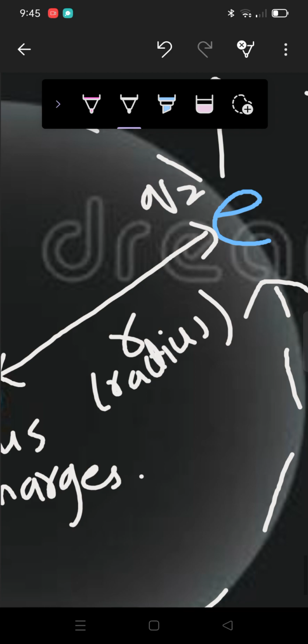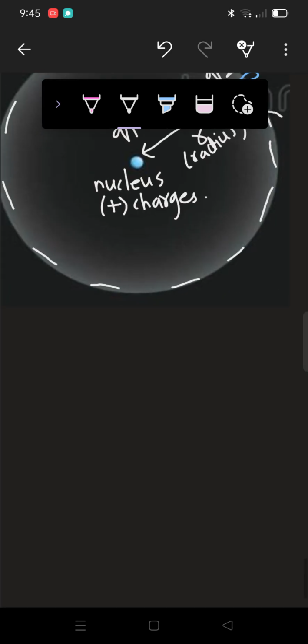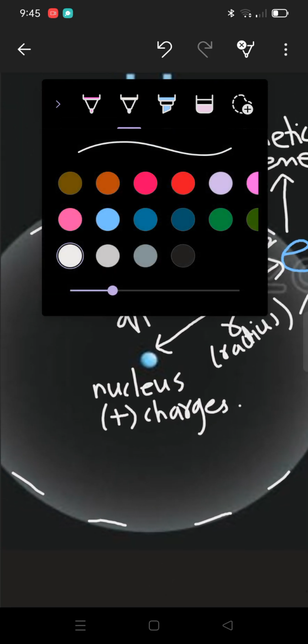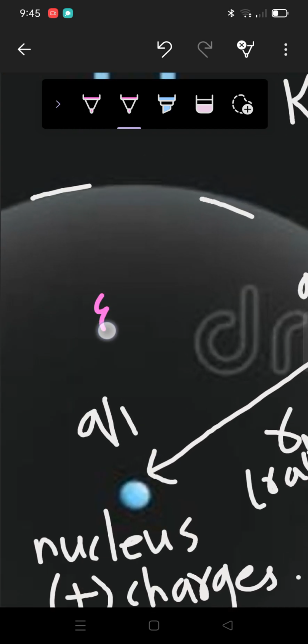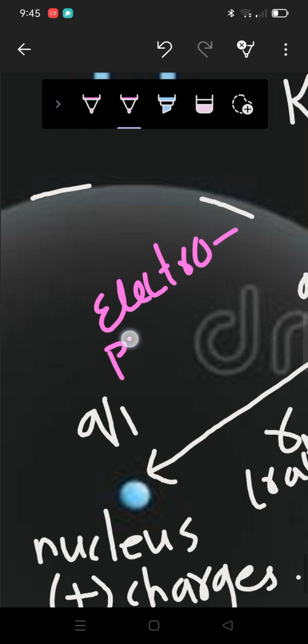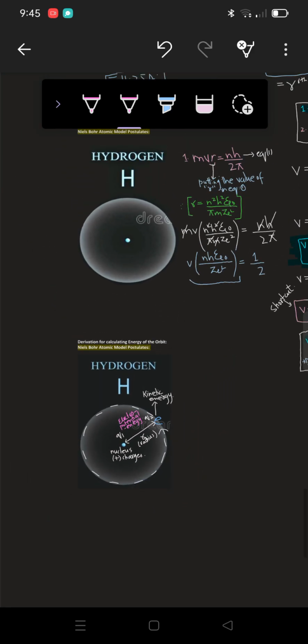So there is potential energy as well, and that energy is known as electropotential energy.